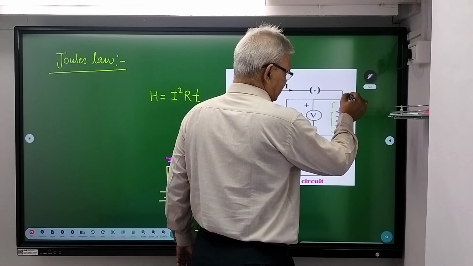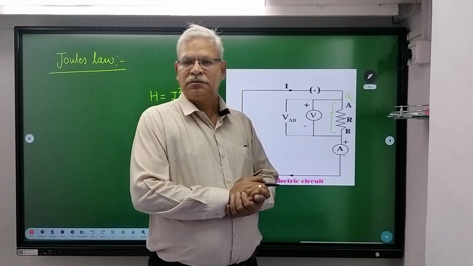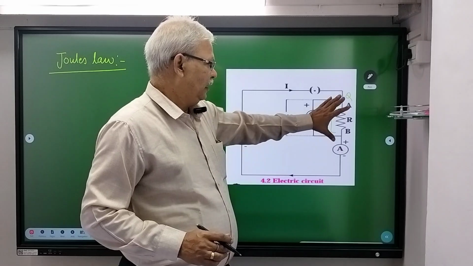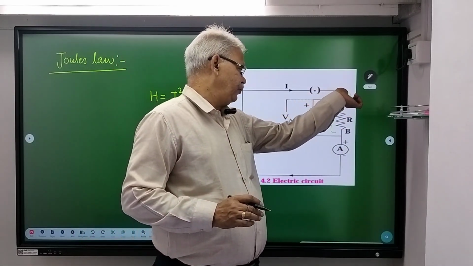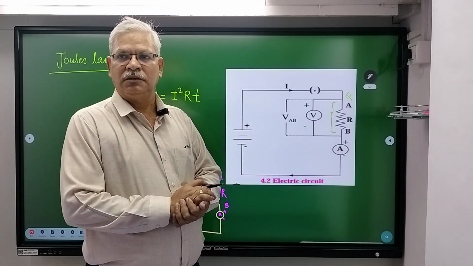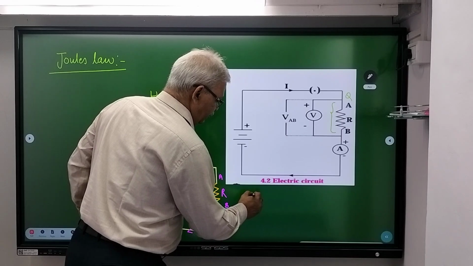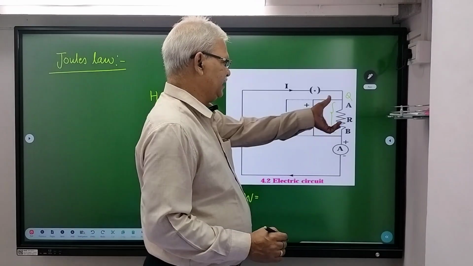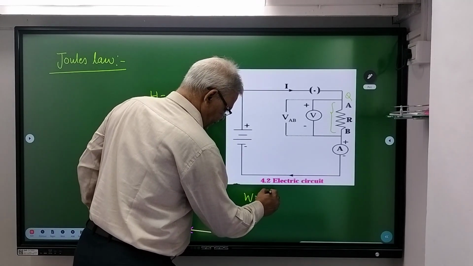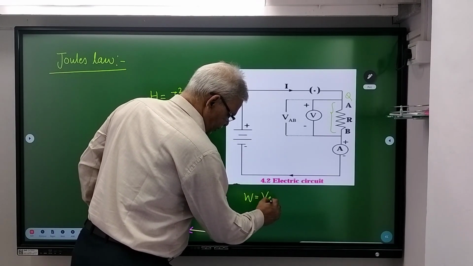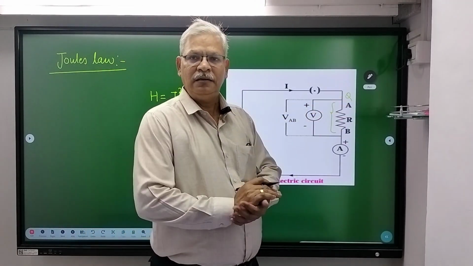Suppose Q charges are flowing from point A to B. Then work will be done to bring Q charge from point A to B, and that work done will be equal to the potential difference between these 2 points, that is VAB.